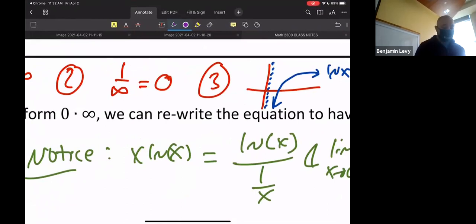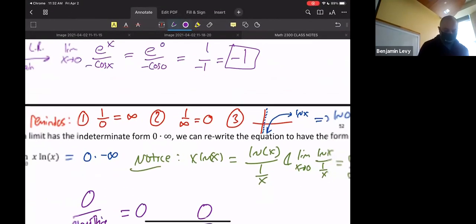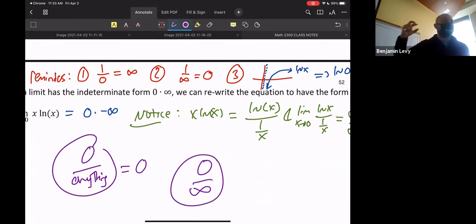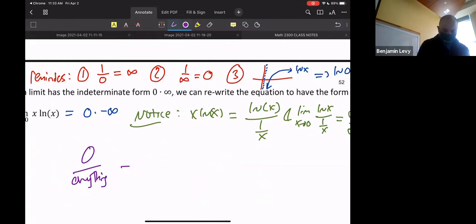And so 0 over infinity is like extra 0 or something like that, right? Because 0 over infinity would be, you're taking the number 0 and you're dividing it by something huge. And so it's not only 0 from the dividing by huge part, but it's also 0 from the numerator part.